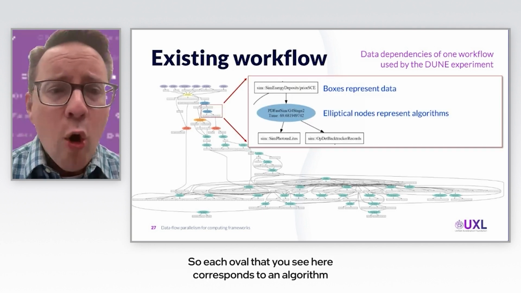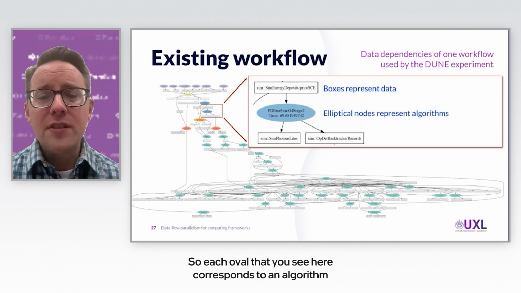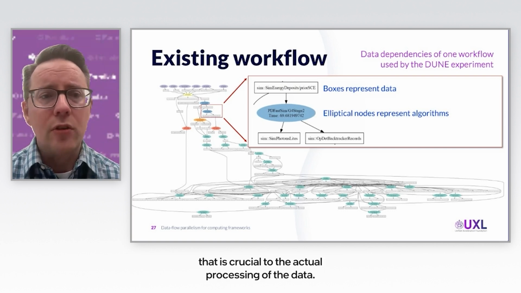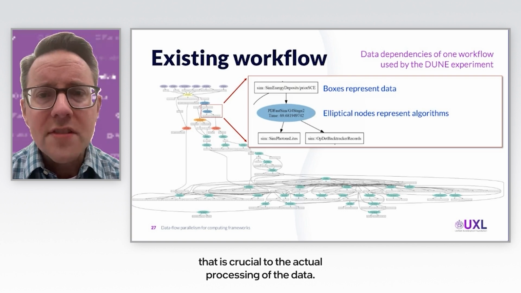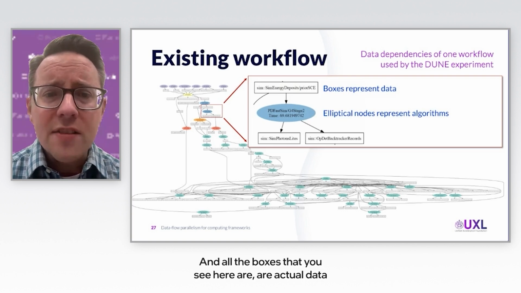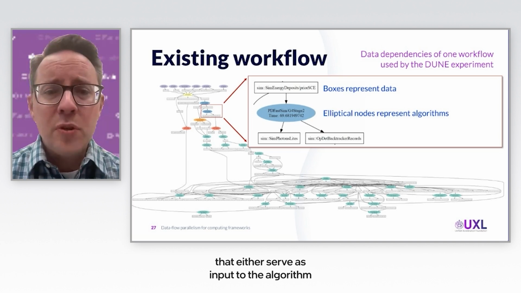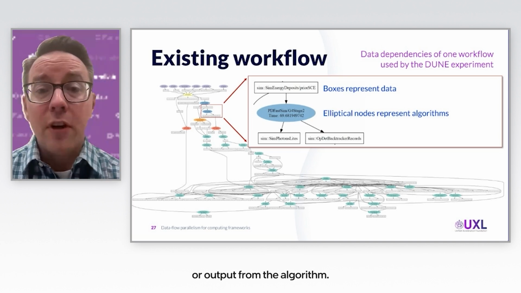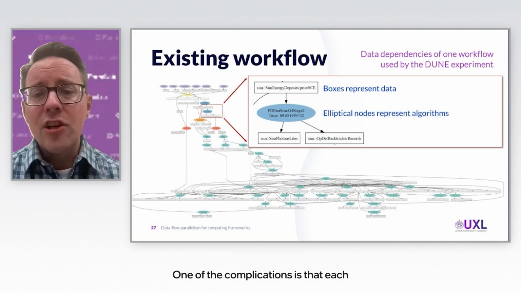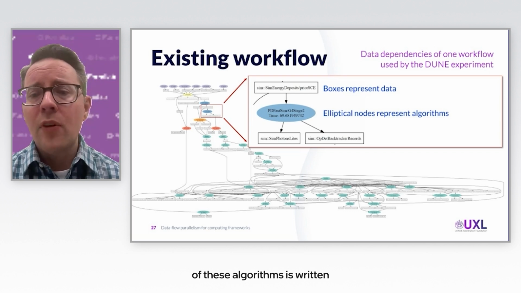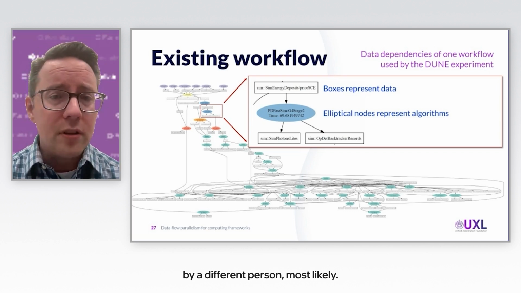So each oval that you see here corresponds to an algorithm that is crucial to the actual processing of the data. And all the boxes that you see here are actual data that either serve as input to the algorithm or output from the algorithm. One of the complications is that each of these algorithms is written by a different person, most likely.